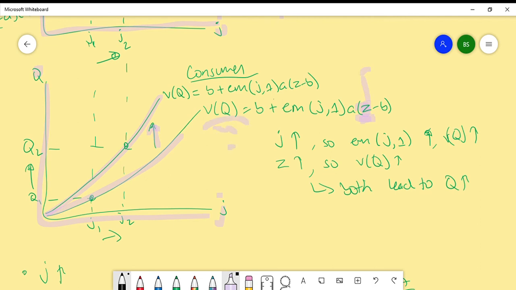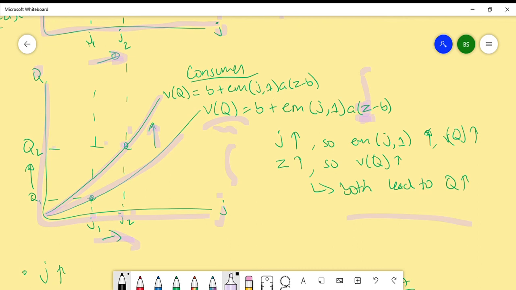Since J increases from the original point, we have to move to the left side and draw this new J point on the new curve. So we have this new Q2.